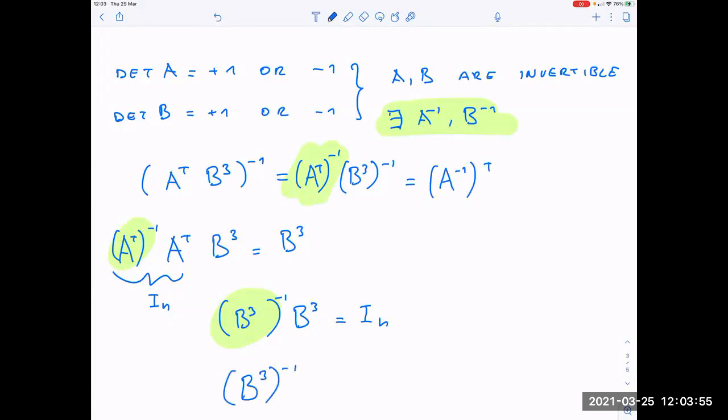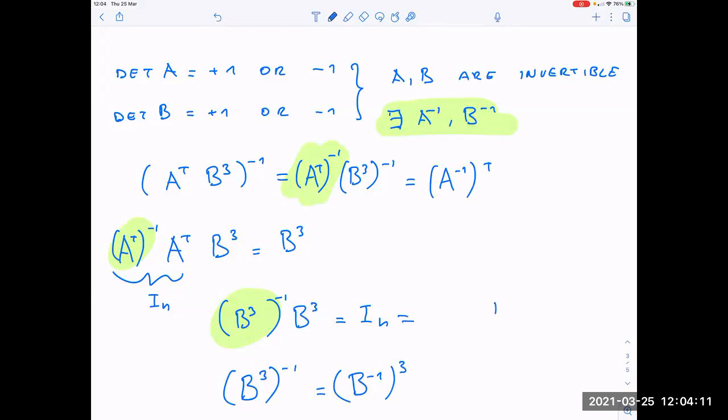Well, it is not probably a big surprise. It is the inverse of B 3 times, meaning that if I multiply B cubed by B-1 3 times, I will get the identity, right?